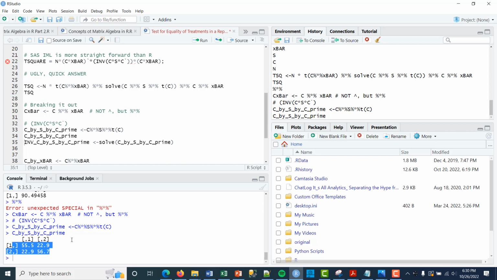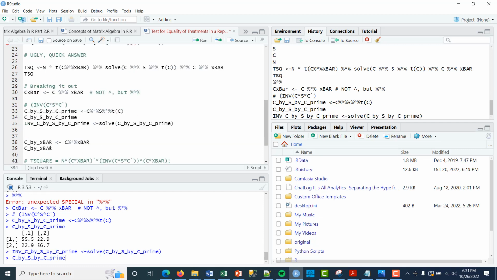This is a 2 by 2. If I want to calculate the inverse now up here, again I'm just going to land on the line, Control Enter, and that gives me that value there.